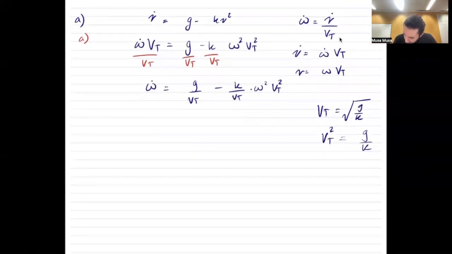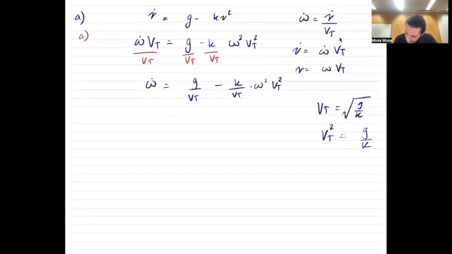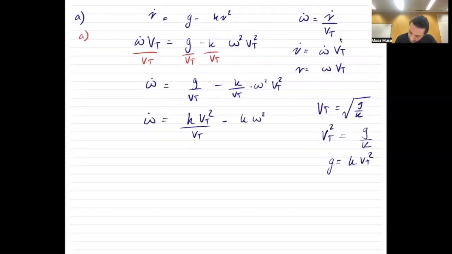Okay, I think I have it. All I gotta do is replace this g with kvt squared. I think this is gonna do us wonders here. w dot equals kvt squared over vt minus kw squared vt. See, this cancels off with that.